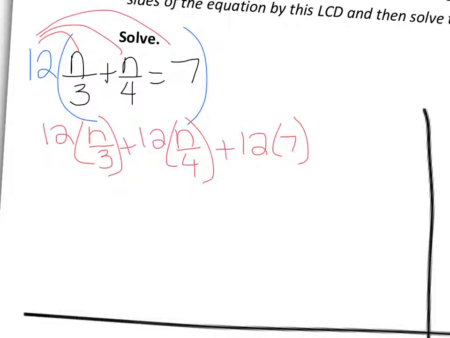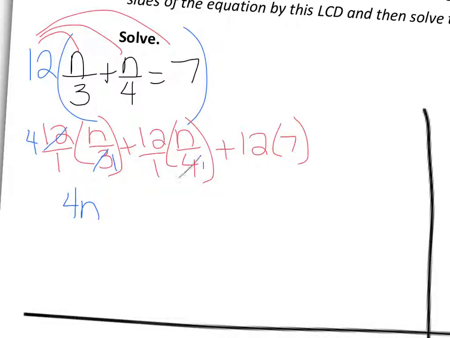So then if I look at my terms one by one, I'm going to go ahead and write that 12 over 1. And if you look at something that will cross-reduce, in that first term, I can divide out a 3. So the 3 becomes a 1, the 12 becomes a 4. And I get 4 times n, which is 4n. Notice my denominator is 1 times 1, which is just 1.